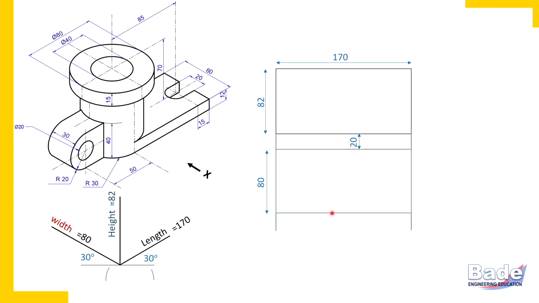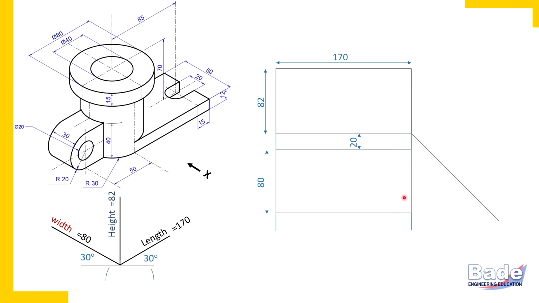Now this problem was asked in university exam for only two views, front view and top view. But we are not in exam hall. We are practicing here. So we'll proceed for side view also. So as usual, draw 45 degrees line to transfer width which is horizontal in the top view to side view.